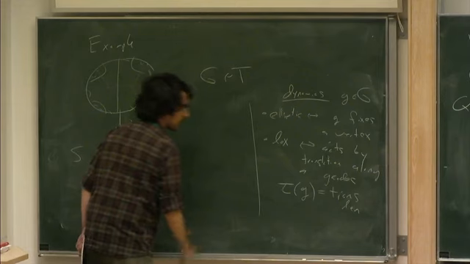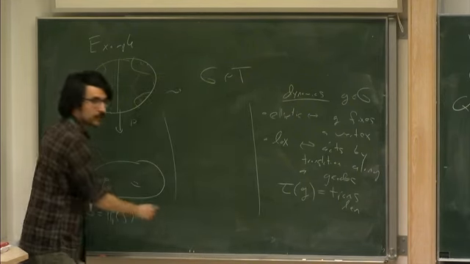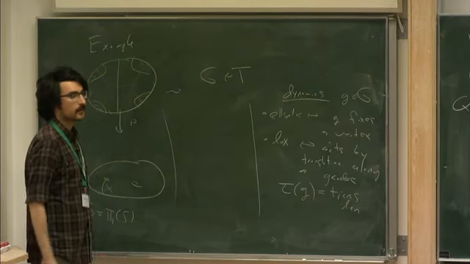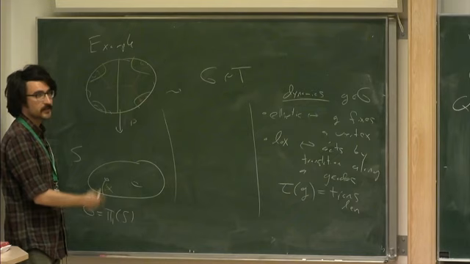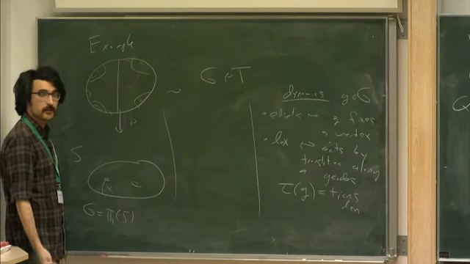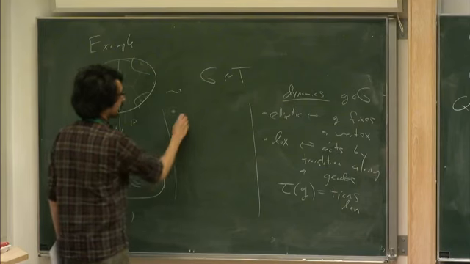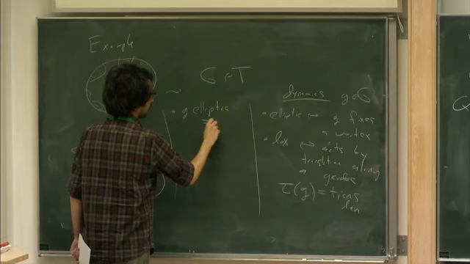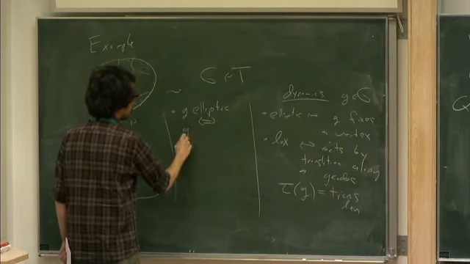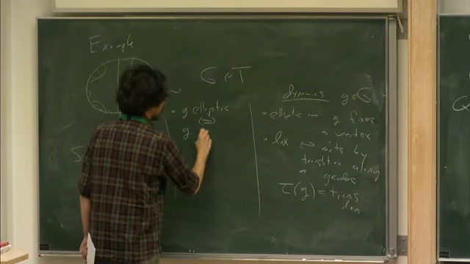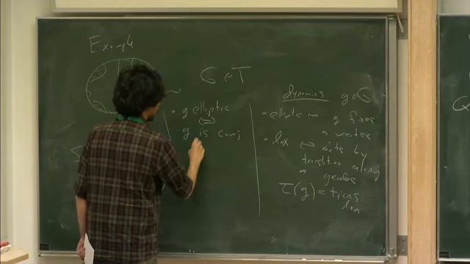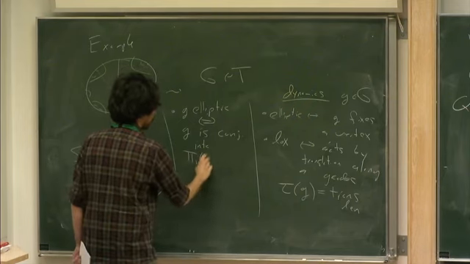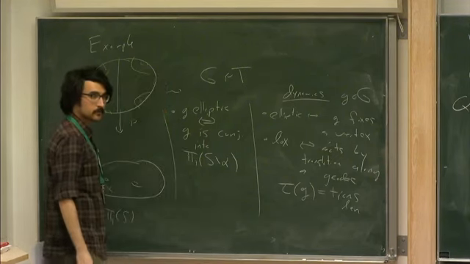So why might you care about this action? Well, in particular, this action tells us about how the element of the group, as a curve on the surface, intersects alpha. In this particular case, if g is elliptic, this is the same thing as saying that g is conjugate into the fundamental group of the surface minus alpha.